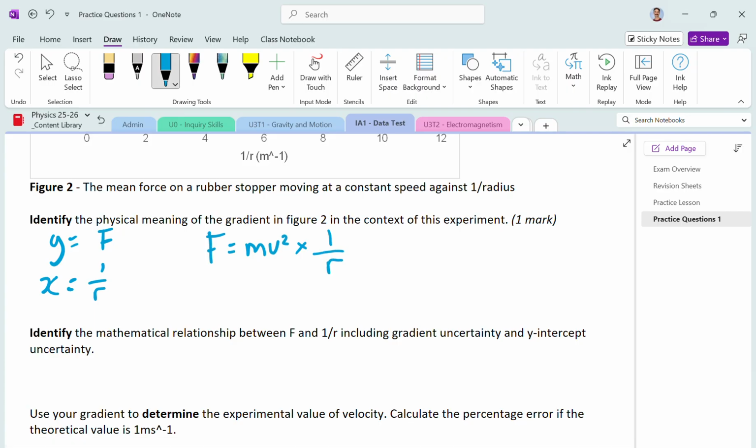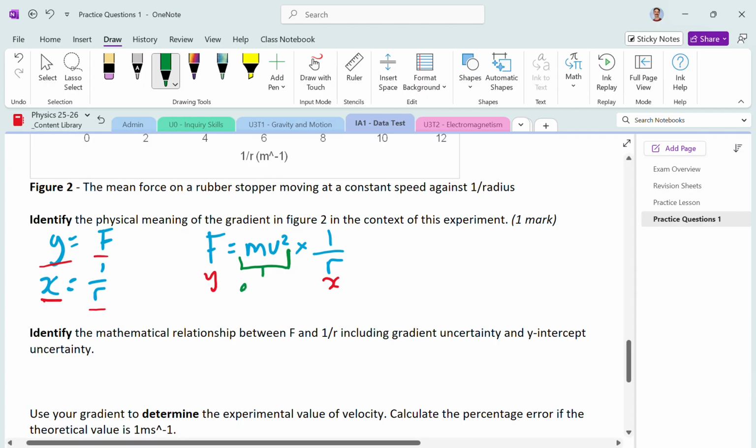Now we are seeing our y value and our x value, as given here. X is 1 over r, and our y is F. So what we are left with here is our gradient.